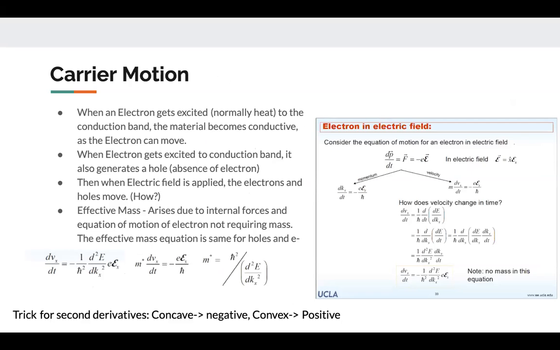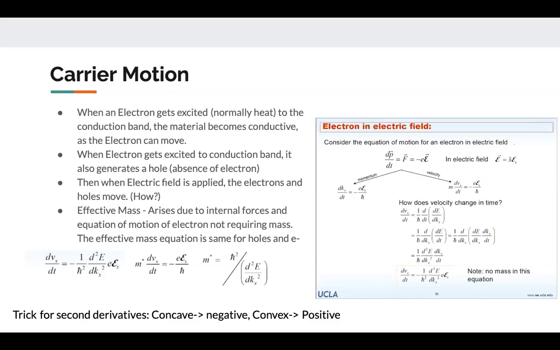The next topic is the motion of electrons and holes. At 0 degrees Kelvin, when everything is frozen, all the electrons in the semiconductor are in the valence band, and the semiconductor becomes basically an insulator. The electrons cannot move.